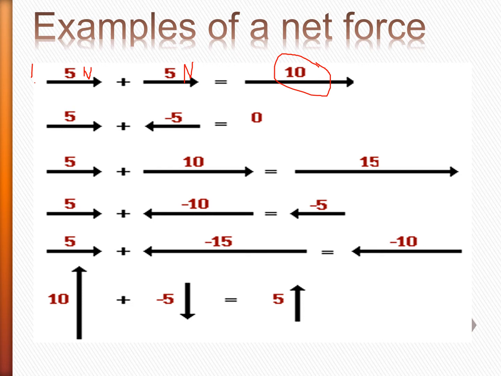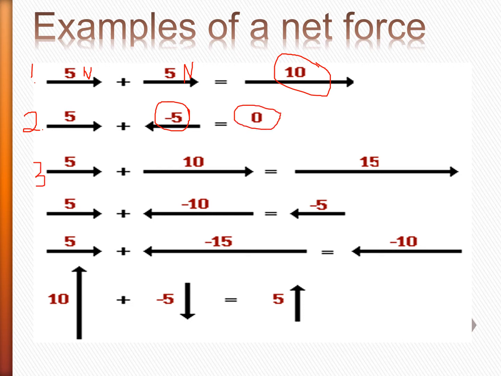Number two example. We have 5 newtons plus negative 5 newtons. Why is this one negative? Because this force is moving opposite of the other force, which is a forward force or a positive force. So the answer here is 0.